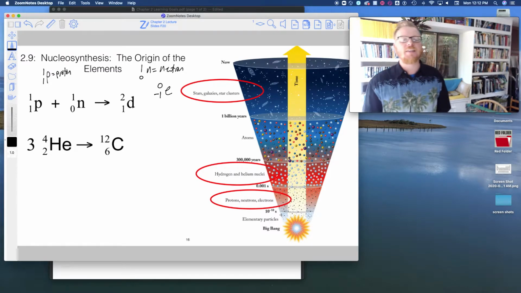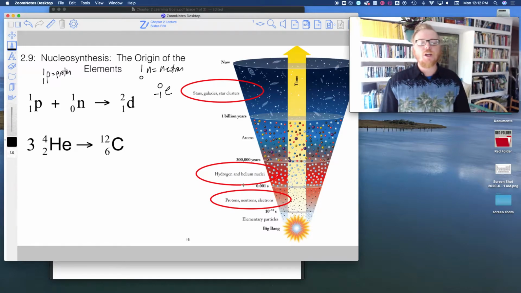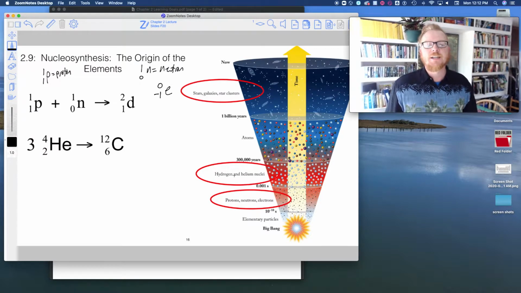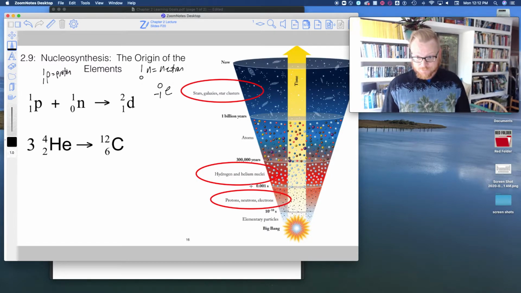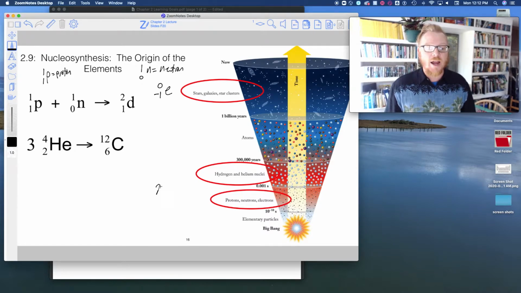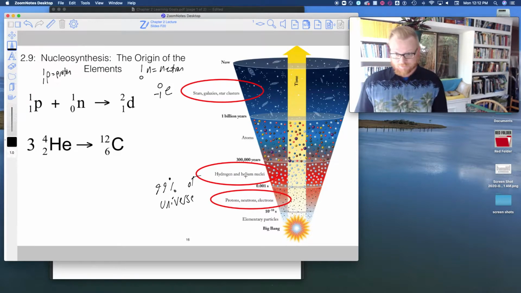But as it turns out, that's really where nucleosynthesis kind of cut off because there wasn't enough energy to keep fusing these hydrogen and helium into larger atoms. So this is why about 99% of the universe is hydrogen and helium only. Okay?